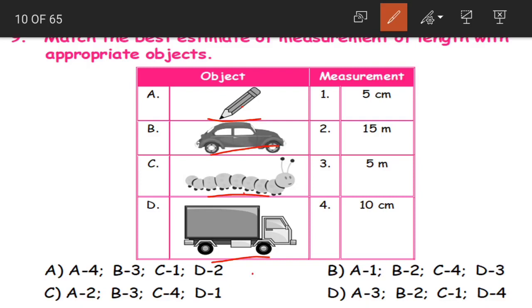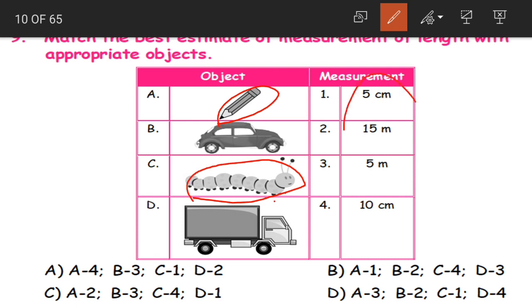Now from these 4 objects, which has the shortest length, children? Is it a pencil or is it a caterpillar? Caterpillar has the shortest length. If you have ever seen a caterpillar, it would be very small when compared to a pencil. So here caterpillar is the smallest object.